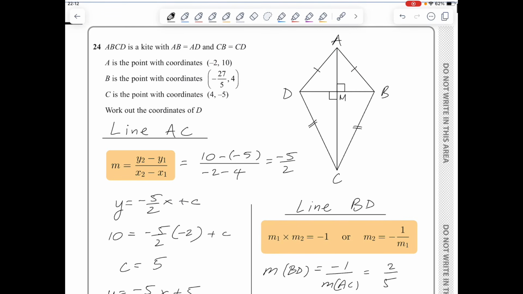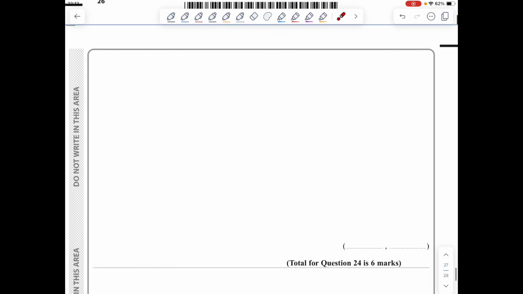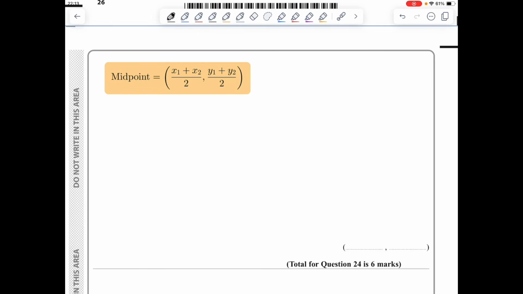The target is to find the coordinates of point D, and so far I know M, B, and I'm trying to find D. M is the midpoint, so I can use the formula for the midpoint, which is the following. My two endpoints are B with coordinates minus 27 over 5, 4 and D with coordinates x and y. The midpoint is M, which I just found.